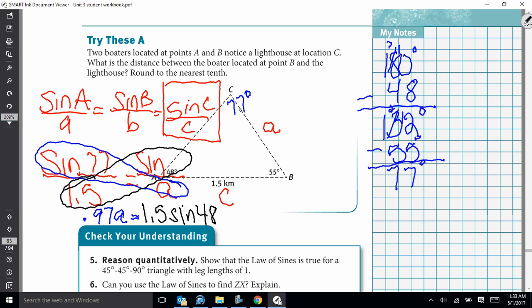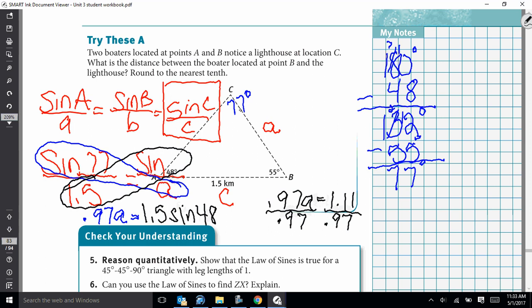Okay, so 0.97A equals 1.11. All right, so now is A by itself? No. So what do we have to do to get A by itself? Right, because this is 0.97 times A. So we need to divide both sides by 0.97.